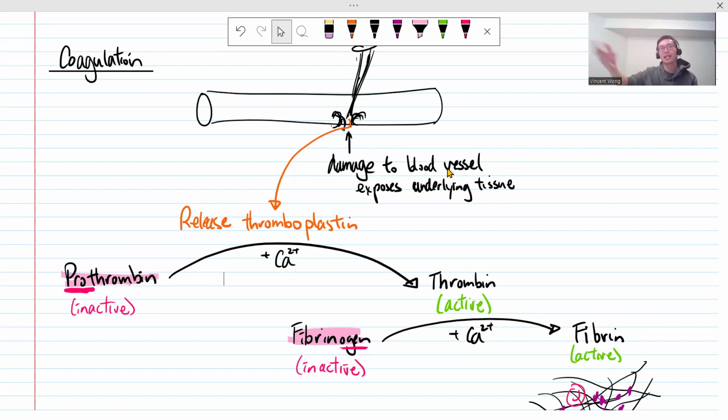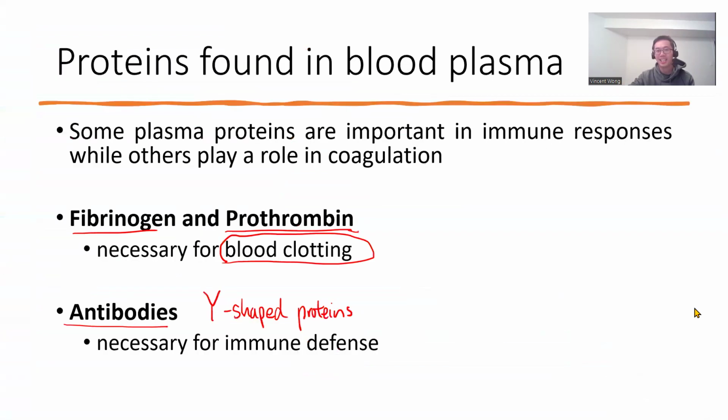Think of it like this: there's a lot of stuff underneath the carpet, but as long as the carpet is there, we don't see it, right? But if you peel off the carpet, all the dust and everything comes out. That's kind of like the thromboplastin coming out. Do you understand? Yes, thank you.